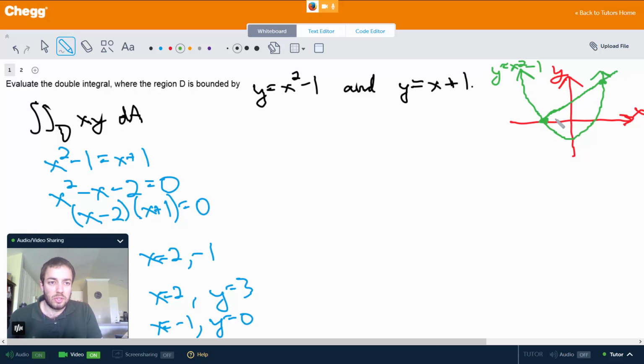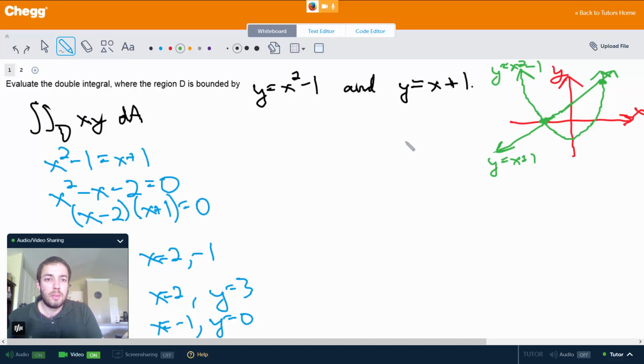And then this here is our line, just pretend that's a straight line, y equals x plus 1. And then remember the region D is the region bounded by these two, so the region D is the shaded area in here. Okay, so we want to integrate over this region D the expression xy dA.